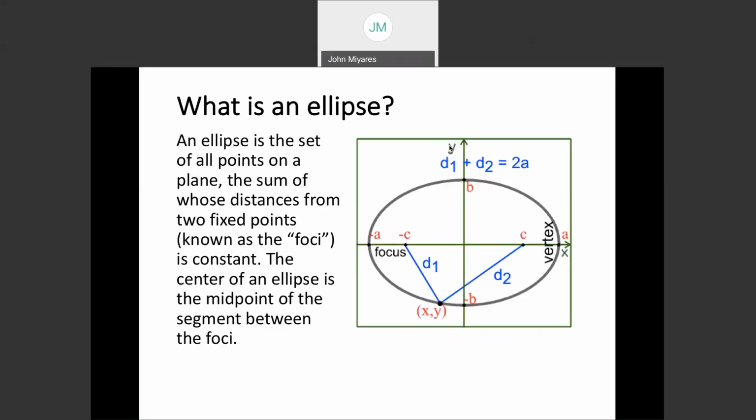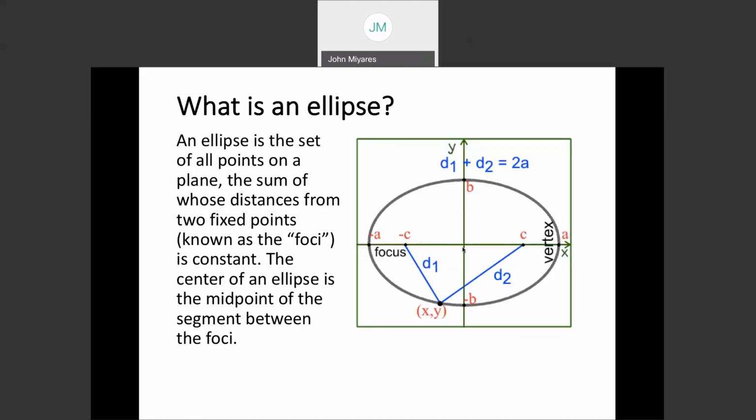The center of an ellipse is going to be the midpoint of the segment between these two foci. So you can basically see what's going on in this diagram: we have an ellipse, kind of looks like a circle, but it's not perfectly round. And instead of having a constant radius, you have a variable radius all the way around.